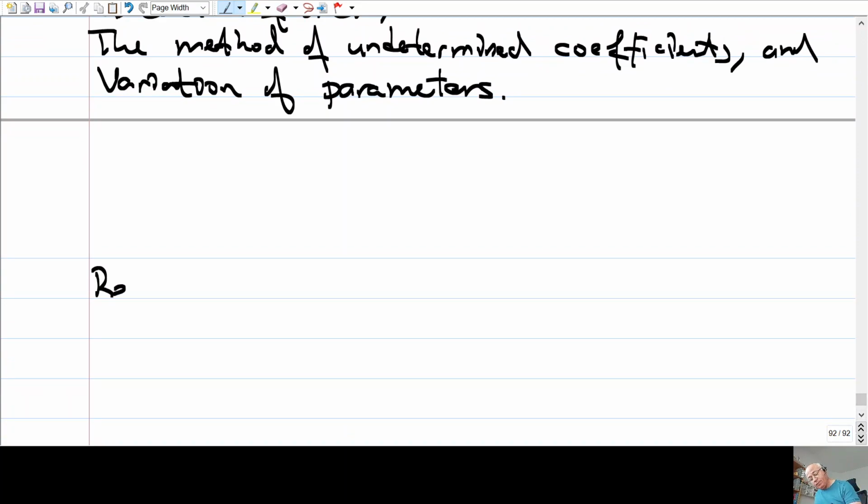Let me start with reduction of order, which is the second part of this section, 3.5.